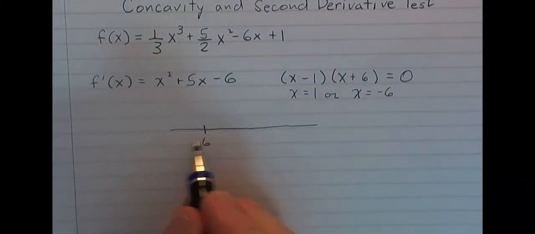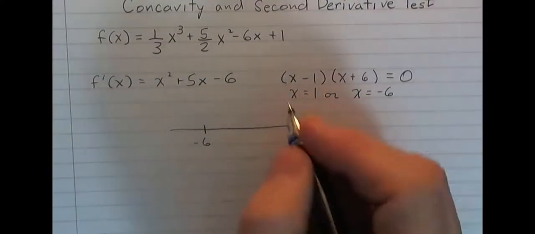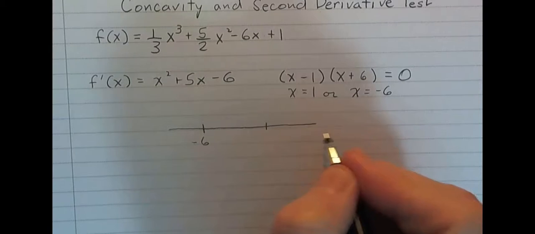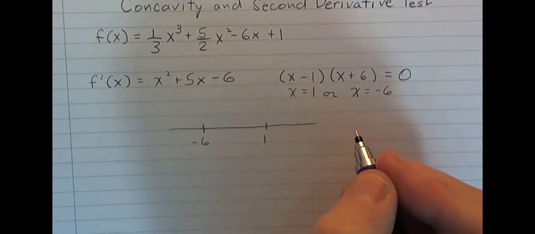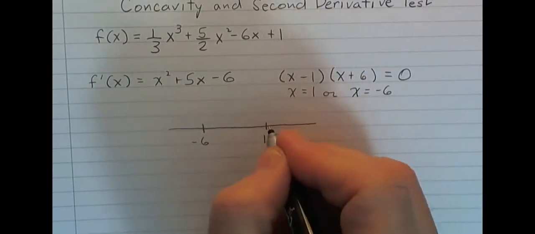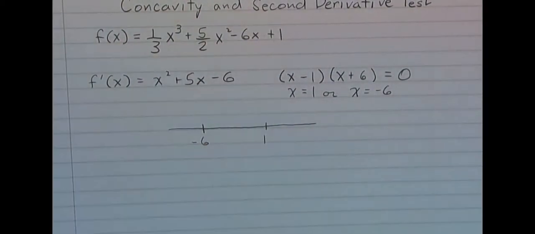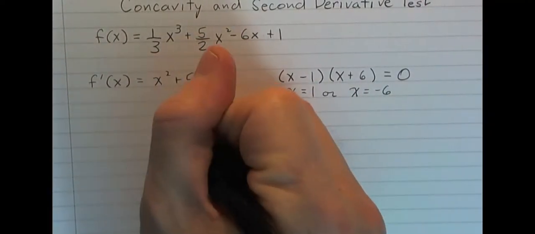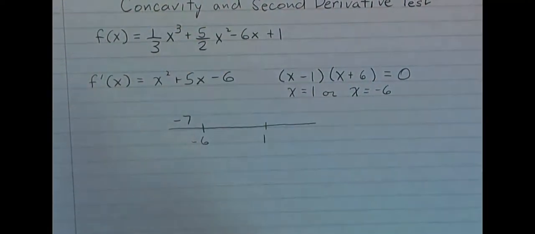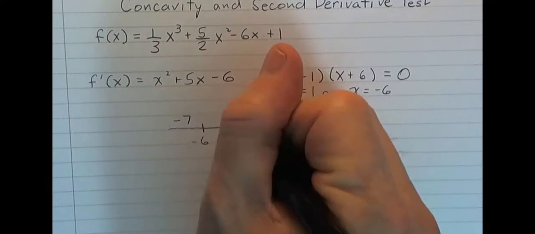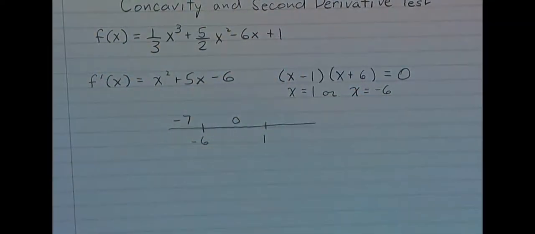Everything less than -6, everything between -6 and 1, and then everything greater than 1. So this is the way I've divided up the number line. And I pick test numbers in each region. So here's -7. This one right here, I'll pick 0.